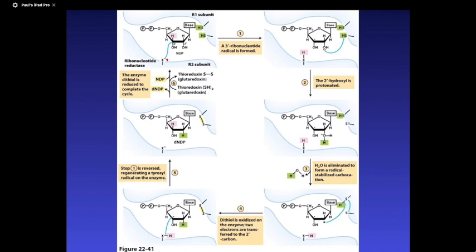We said we needed NADPH, right? But NADPH is going to be a hydride donor at the end. Second movement, this hydroxide is going to pick up a proton, leaving a negative charge on the sulfur.